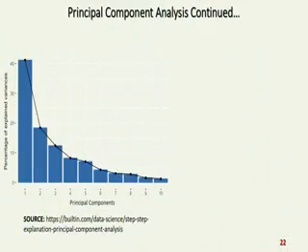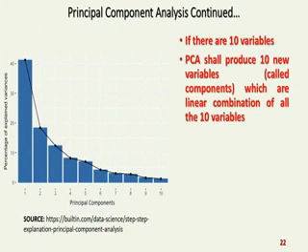So here is a graphical representation of the outcome of principal component analysis of a particular data set. Let us assume that in the data set there were 10 variables. When we do the principal component analysis, we get 10 linear combinations of the existing 10 variables plus the percentage of explained variation. That is, the first principal component explains 42% of the variation.